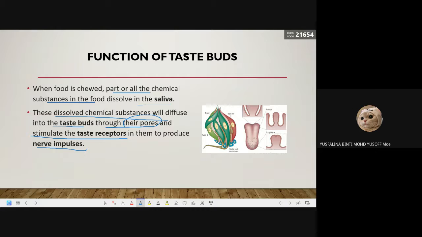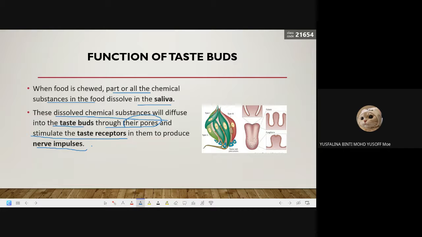Like I said just now, every food that you eat has chemical substances. When you chew, they dissolve in your saliva, and the saliva will then diffuse into the taste buds.